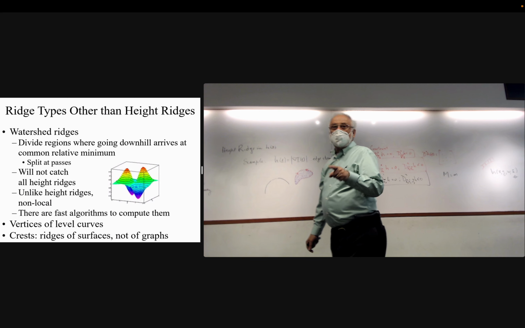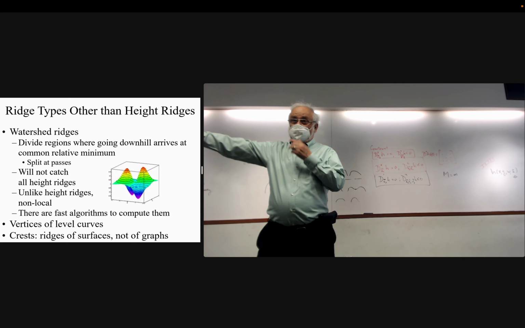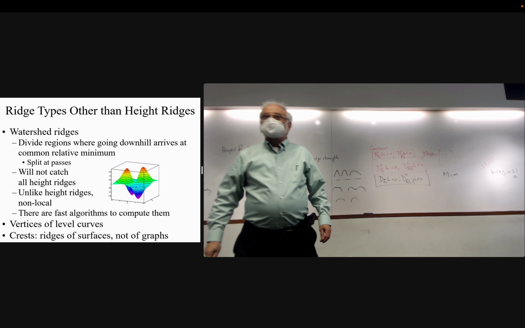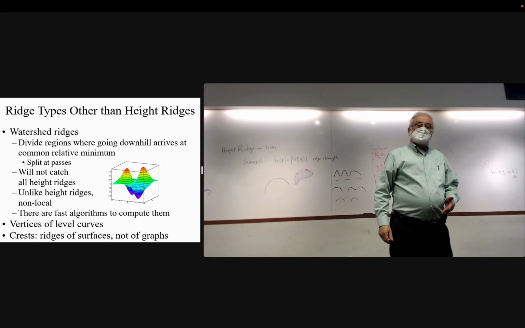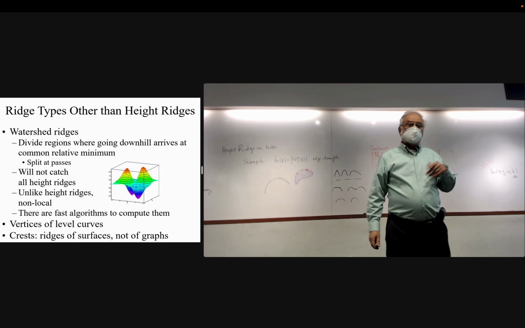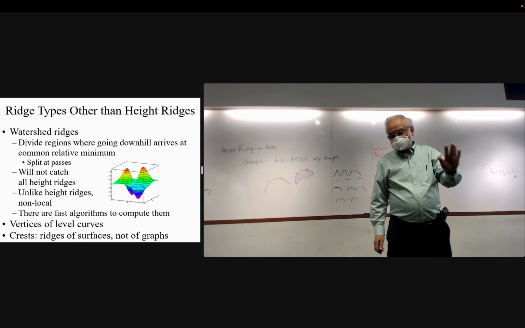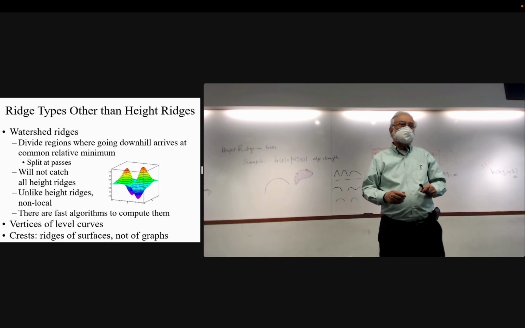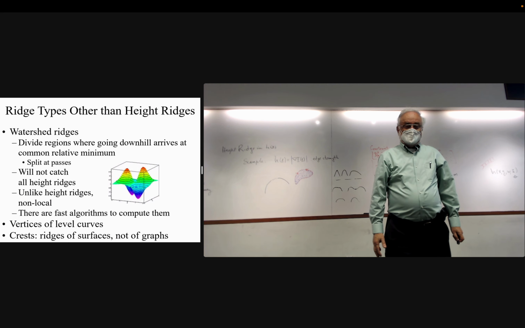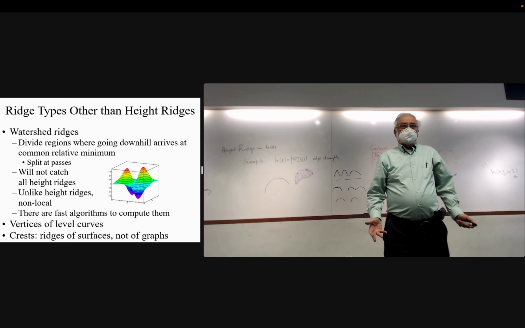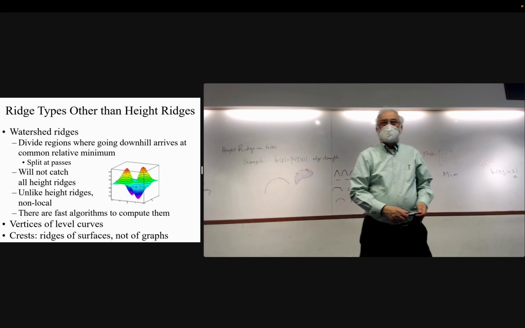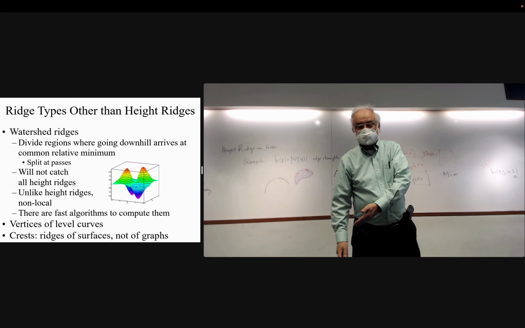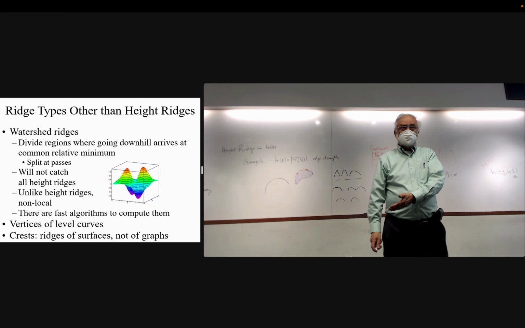I've put a dam in Arizona, and a place in Colorado has changed whether it's on the Watershed Ridge or not. It's a non-local property, and that's not particularly desirable, but nevertheless, it's a nice thing to be able to calculate, because literally you can put drops of water everywhere and follow them downhill along their gradients and see which pit they end up at. And then you classify this as the water runs into pit 1 from here or pit 2.